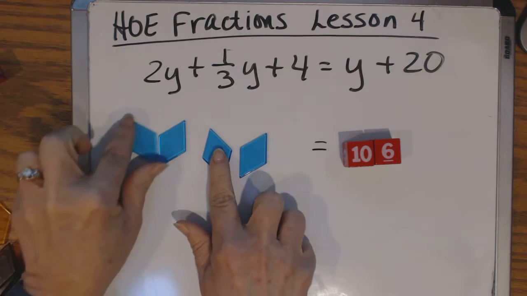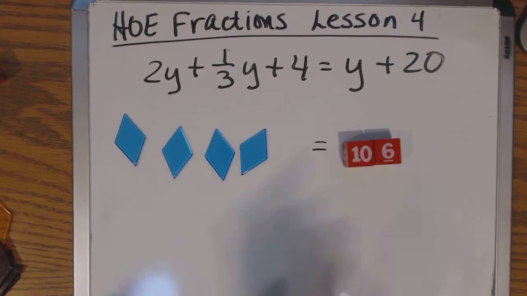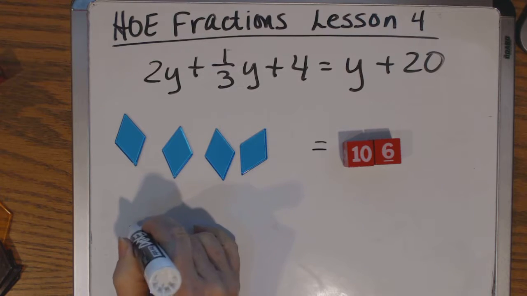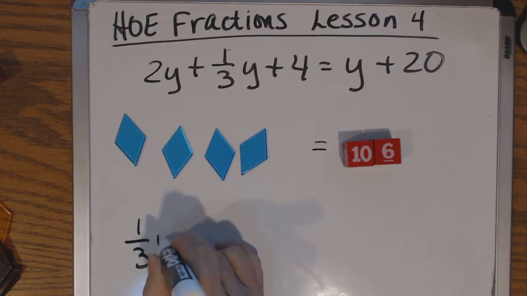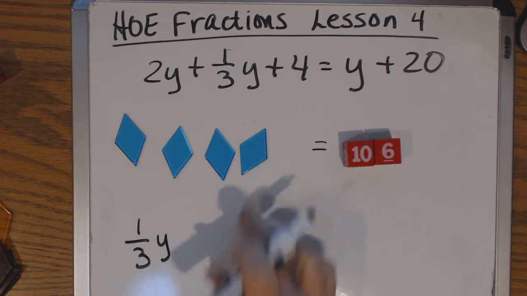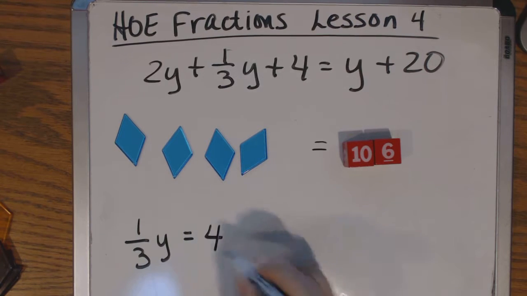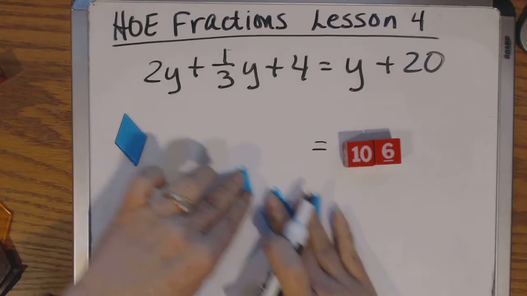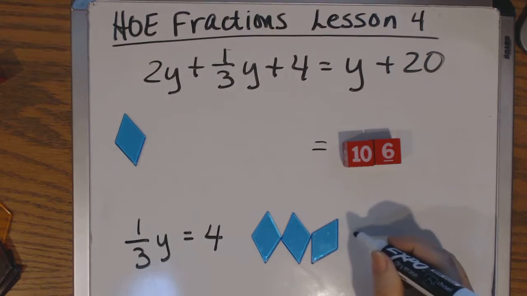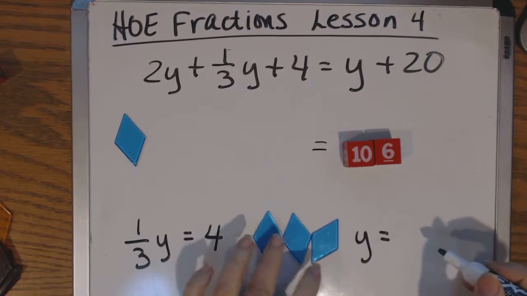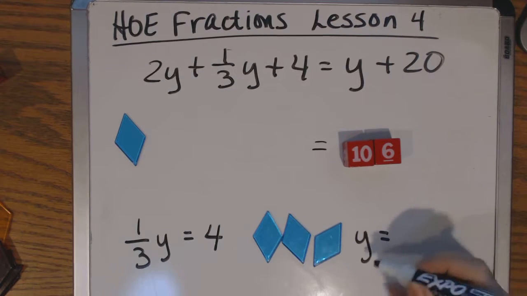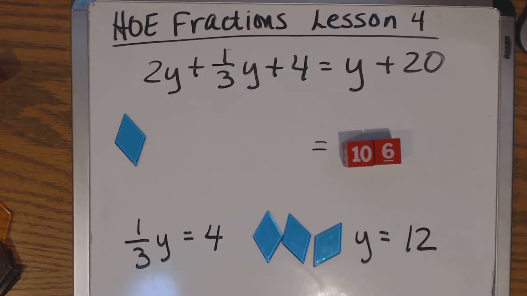Now I have 4 blue pieces that I'm dividing between 16. 16 divided by 4 leaves me 4. So a blue piece, which is 1/3 of y, equals 4. And then that means that 3 of these will equal y. So y is going to equal 4, 8, 12, or 3 times 4. y is going to equal 12.